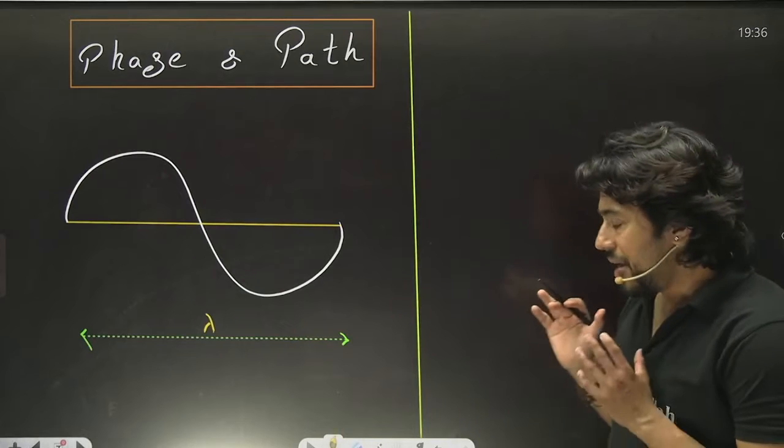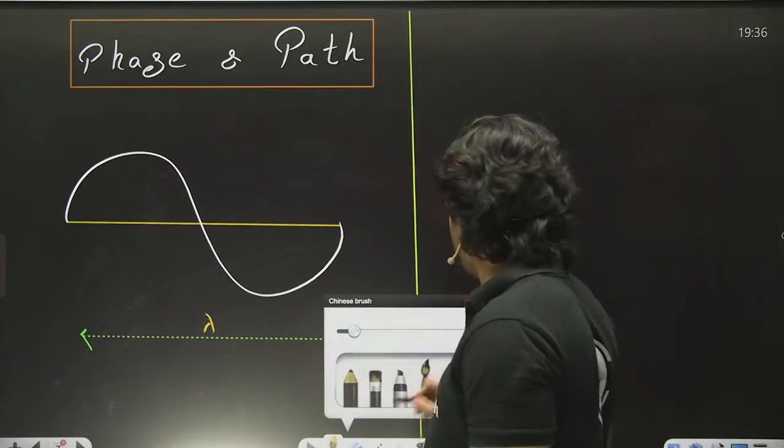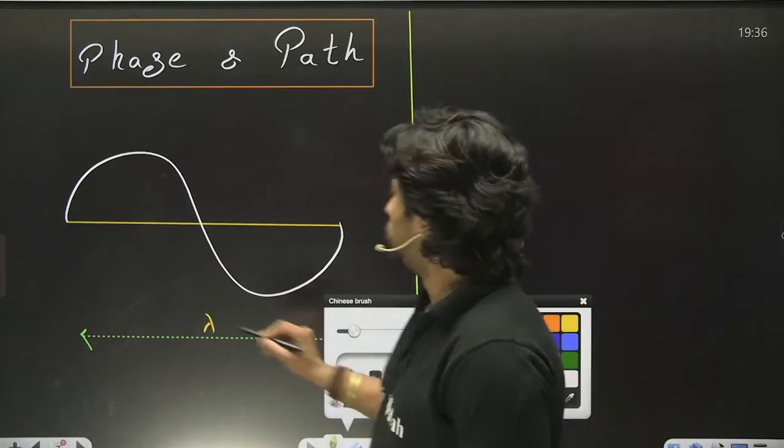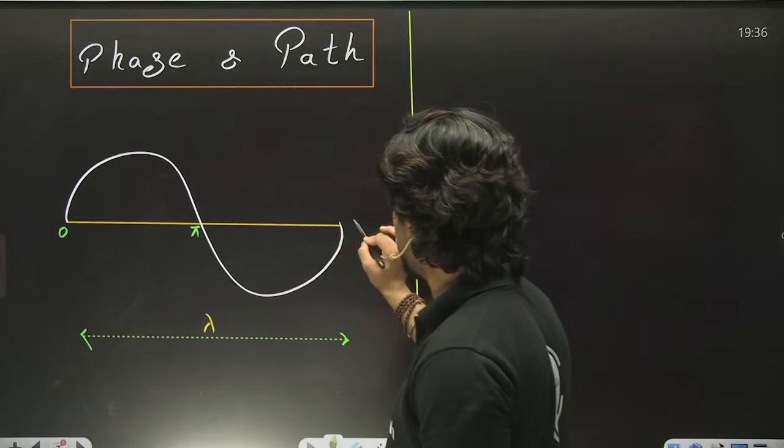This is the distance traveled by the wave in one complete time period, and it corresponds to a phase difference of 2 pi.